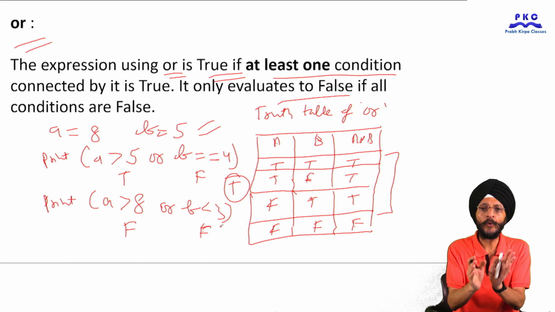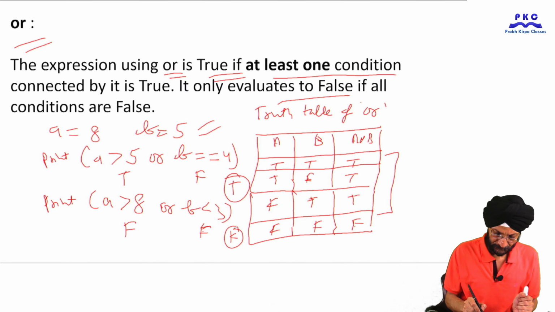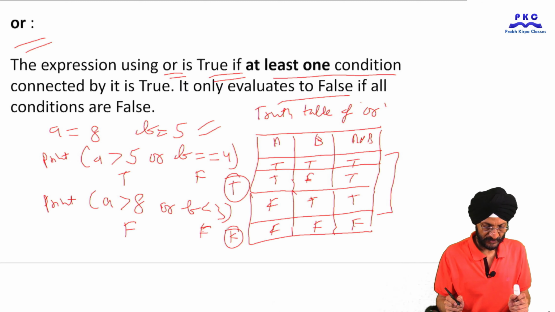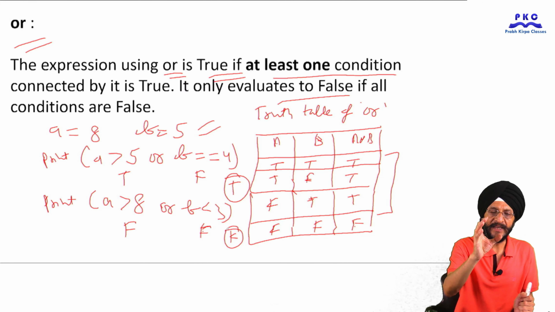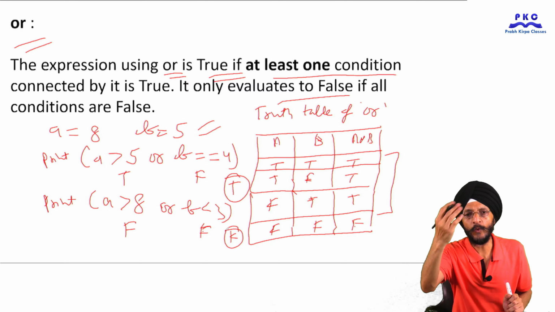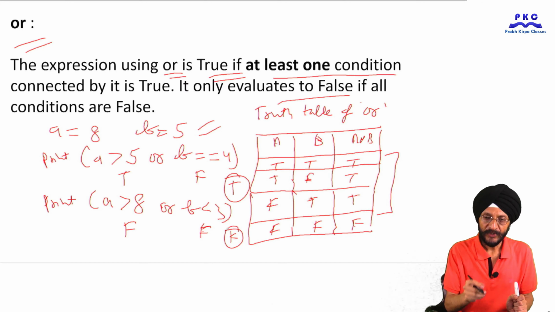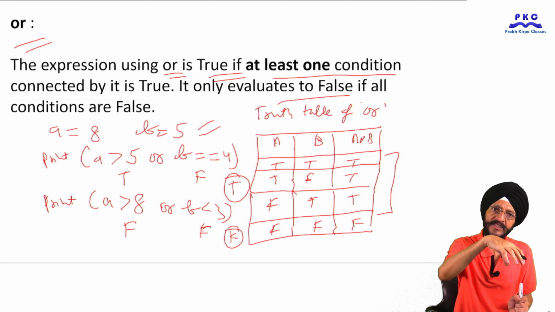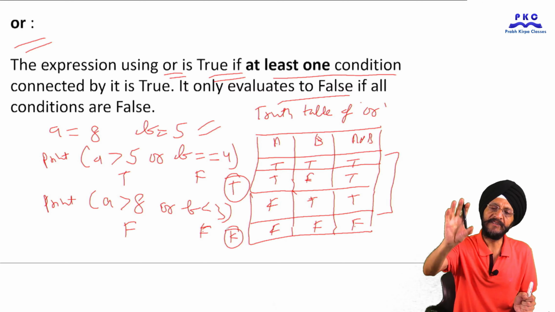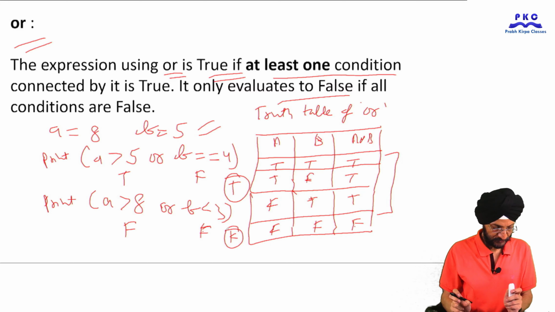So here both the conditions are false, so the overall result will be false. As already told, if any of the expressions is true, we need not evaluate whether the second expression is true or false. If the first is true, we will leave it and the overall result will be true.